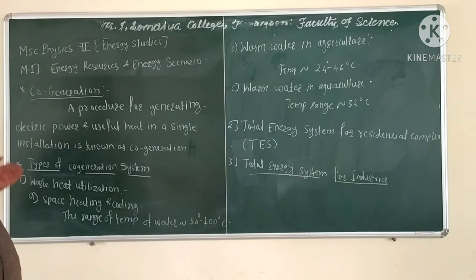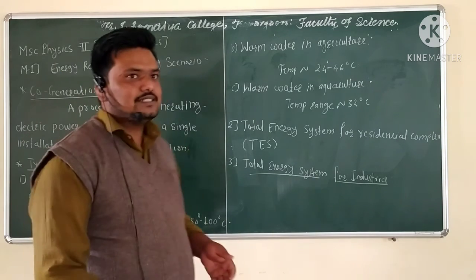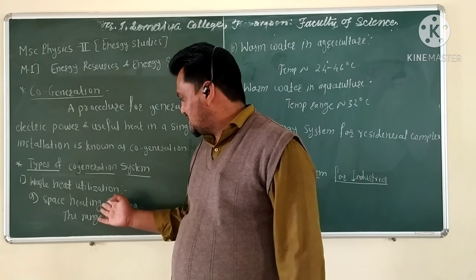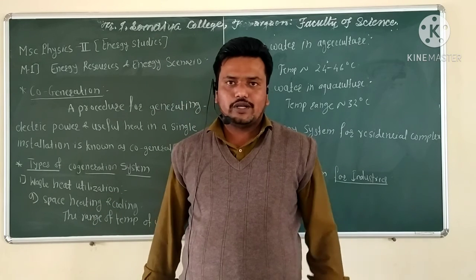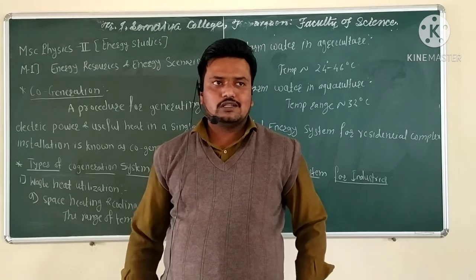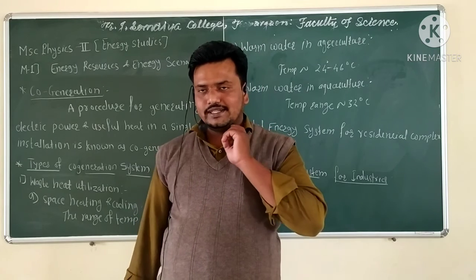These are three. The first one is waste heat utilization, considered for space heating and cooling, which requires hot water at a temperature of about 50 to 100 degrees Celsius.